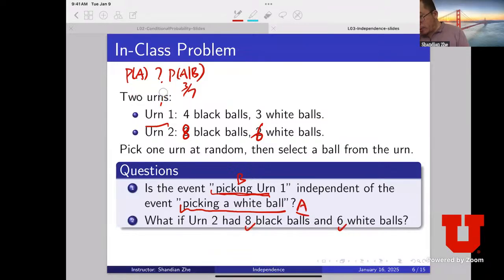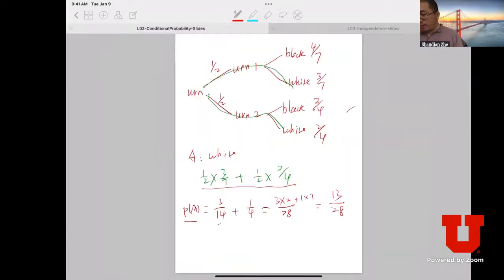We need to compute the marginal probability of A and the conditional probability of A given B. The conditional probability of A given B, under that you select N1, then you select a Y ball, is 3 over 7. That won't change. What is changed is the marginal probability. We're not going to use that tedious mathematical formula, we just use this very intuitive tree diagram.